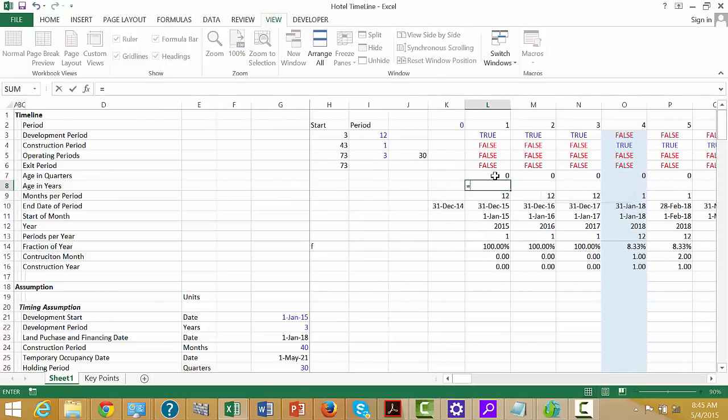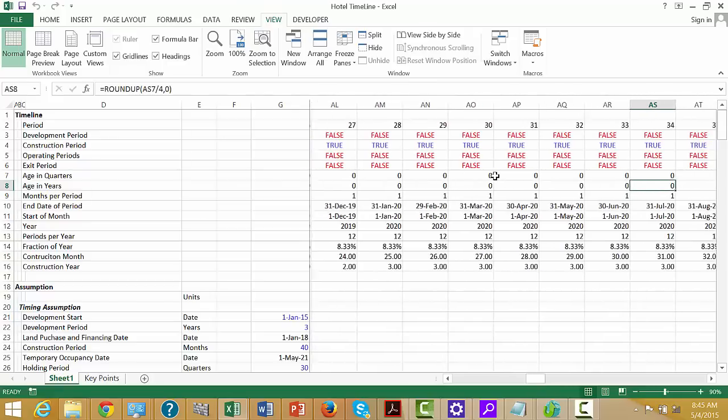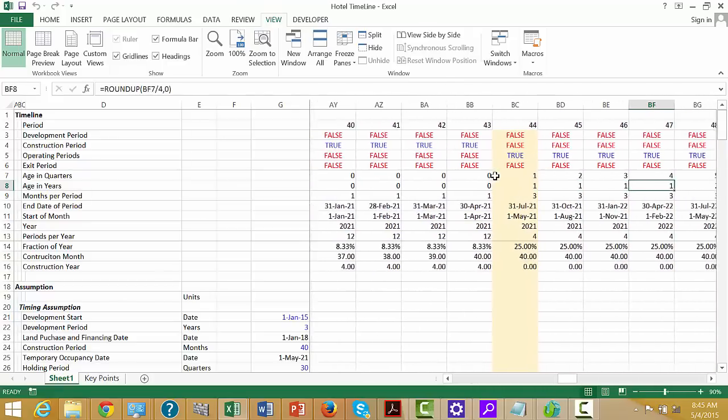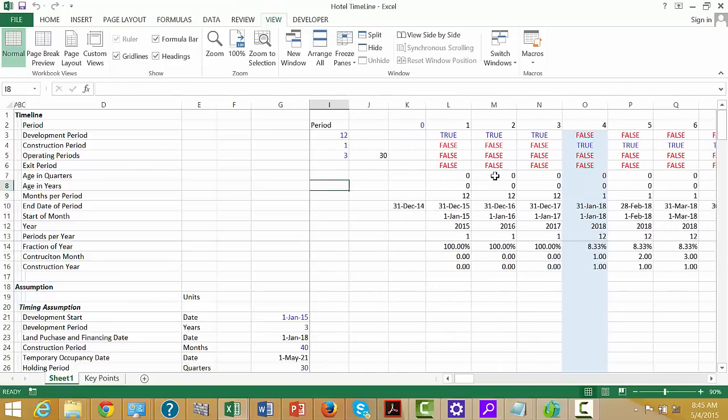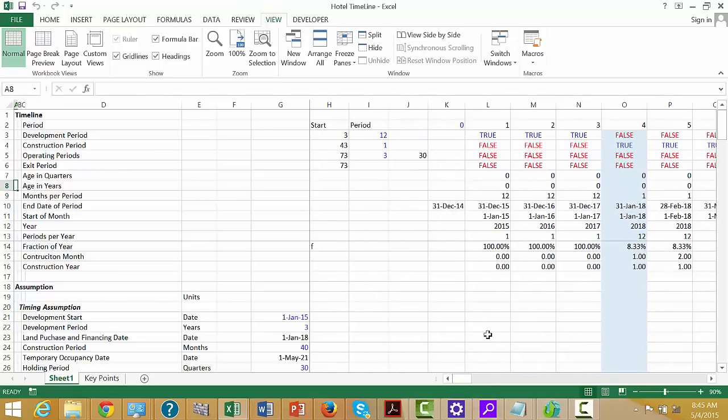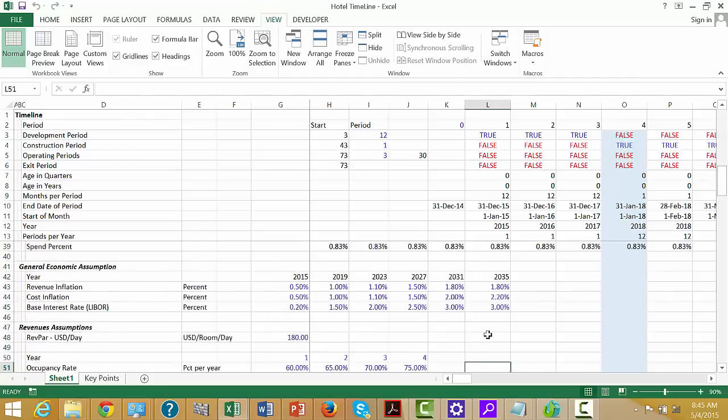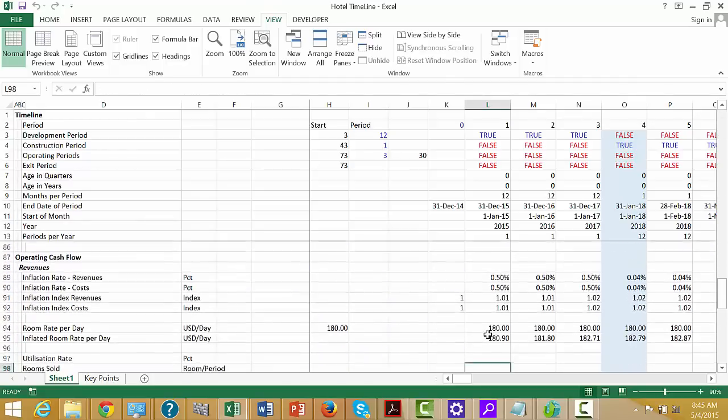And then we put equal round up, and we take this one and divide it, instead by 12, we divide it by 4, put comma 0, and what you get over here is, you can see how it starts. It's 111, 222, 333. I hope that we're okay. So you can see just how essential getting all the dates right is.